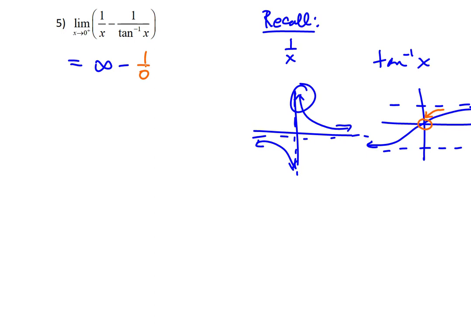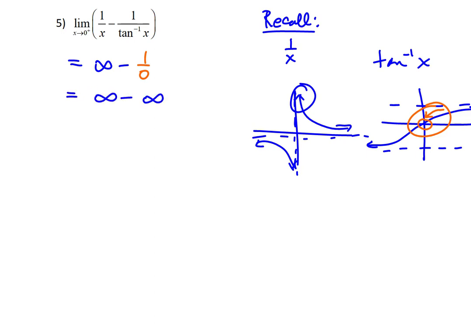We just need to use some more information to know which of those it is. Well, in this case, when we're approaching 0 from the right, the values of tangent inverse are approaching 0 from above, which means we could call that a positive infinity.